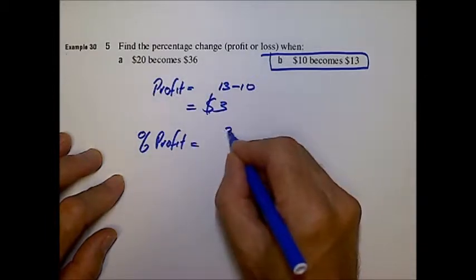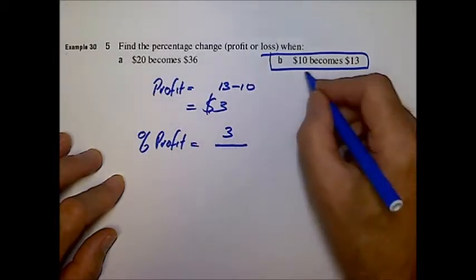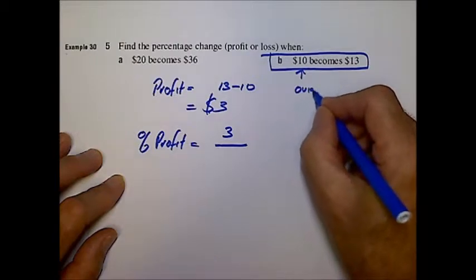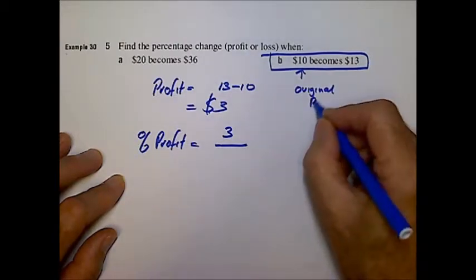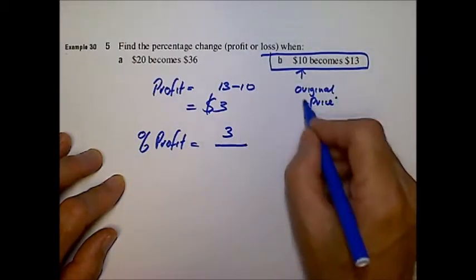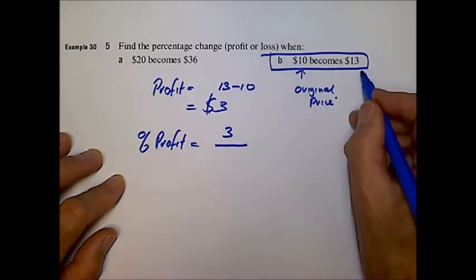Now the percentage profit is going to be equal to that profit of $3 compared to the original. So that's the original there, the original price. So we compare it to the original price, the 10, not the 13.